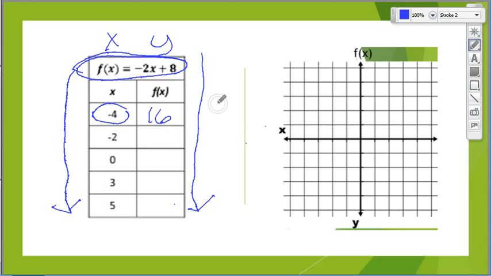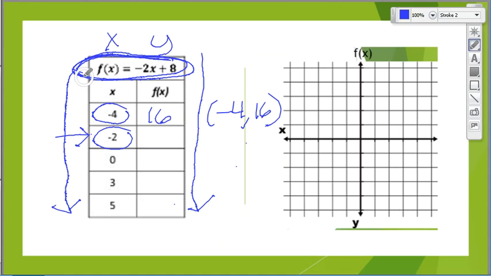Okay, now that actually gives us a point that is on this line. Okay, and for today's lesson, we're just going to work on filling in our table of values. So for the next one, we want to figure out what the y is when the x is negative 2.